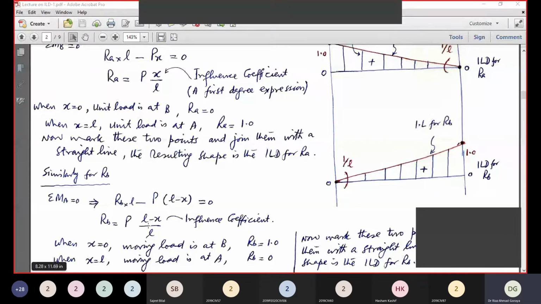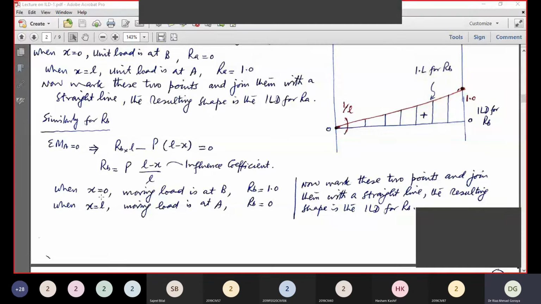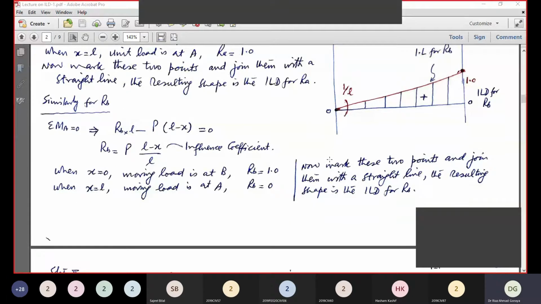Similarly, when x is equal to 0, that means moving load is at B. RB is equal to 1. When x is equal to L, moving load is at A. RB is equal to 0. Now again, you have these 2 points, 0 and 1. Mark these 2 points and join them with a straight line. The resulting shape is the ILD for RB.